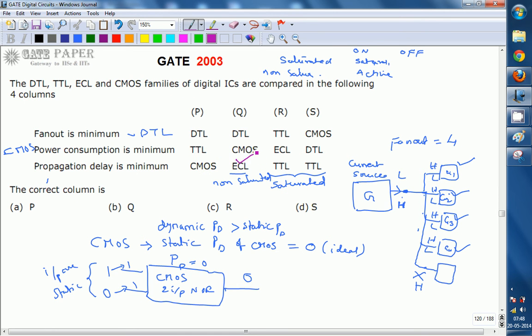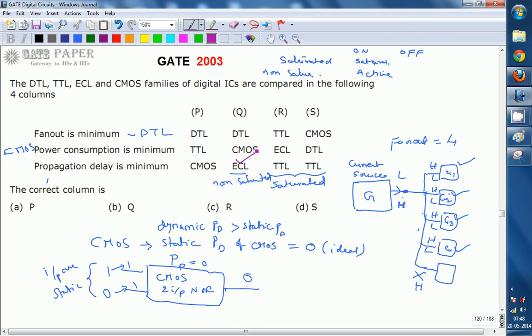So ECL is going to have the minimum propagation delay. CMOS consists of MOS gates, and MOS gates have less driving capability, so it will have a bit more propagation delay compared to TTL. TTL consists of transistors, whereas CMOS is implemented with MOS gates.